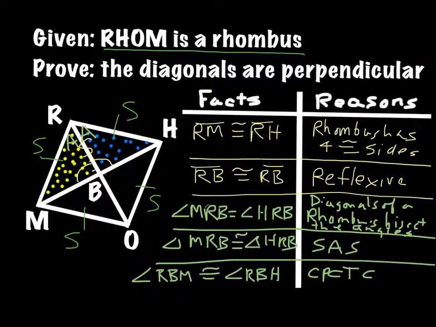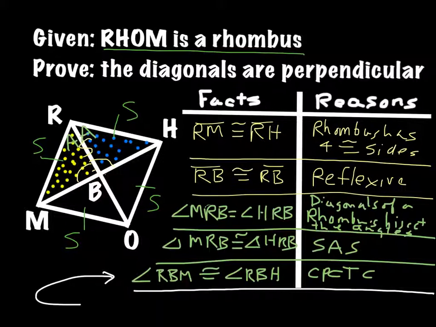That doesn't prove that those angles are right angles, but since these two angles form a straight line, I know that they must both be equal to 90 degrees. And because that's true, I could write that RB is perpendicular to MH. So those diagonals definitely are perpendicular.